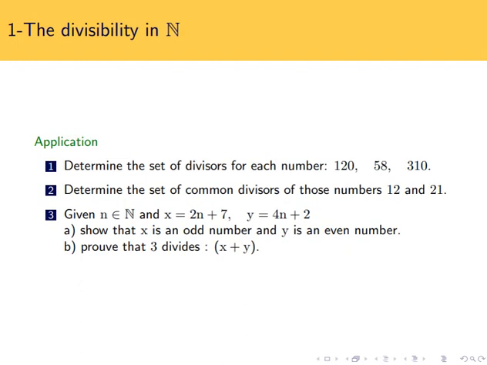For the last question in this application, prove that 3 divides x plus y.